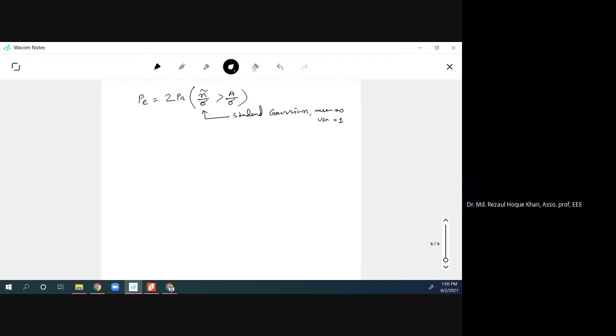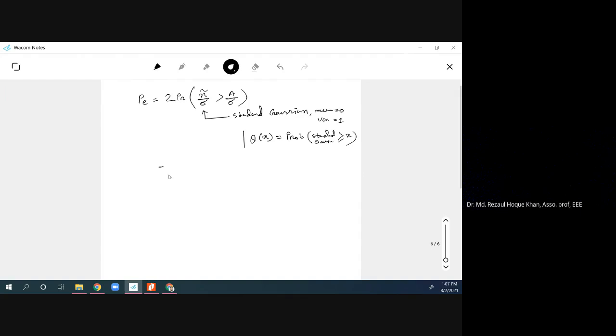Okay, so for a standard Gaussian I wrote a formula; probably you can recheck it in our AWGN lecture. The Q function of x will be the probability that a standard Gaussian is greater than x. This is the solution for a standard Gaussian, right? So we will implement the same here.